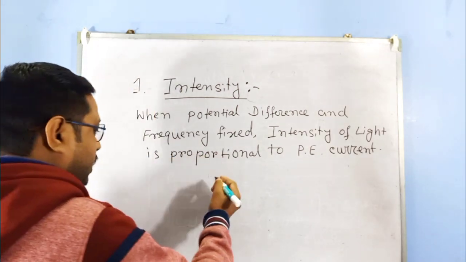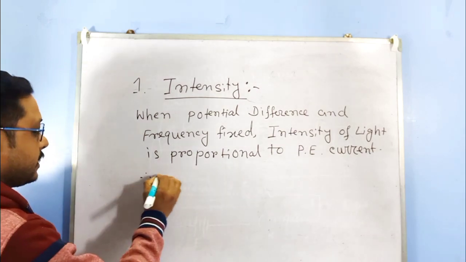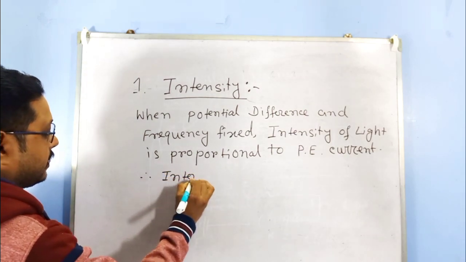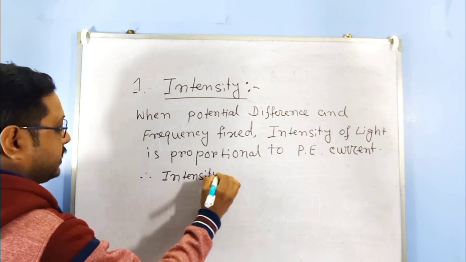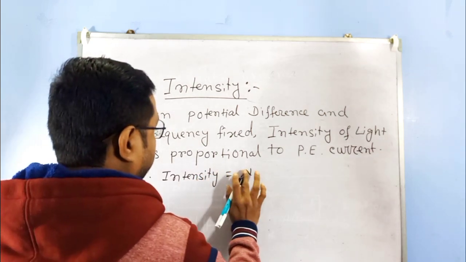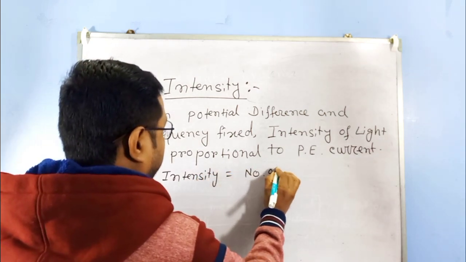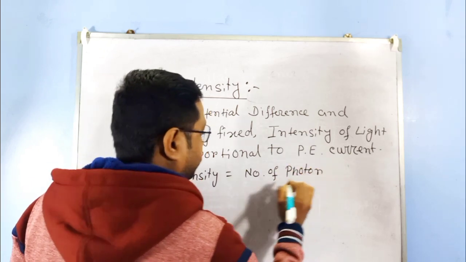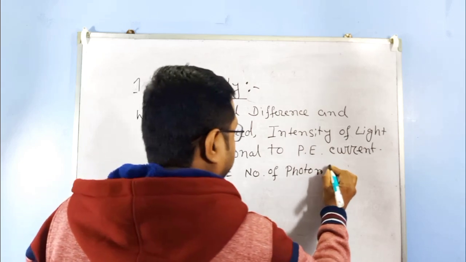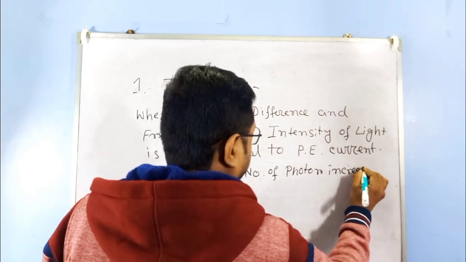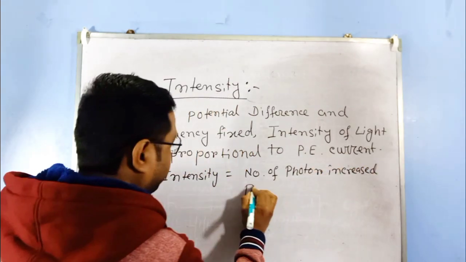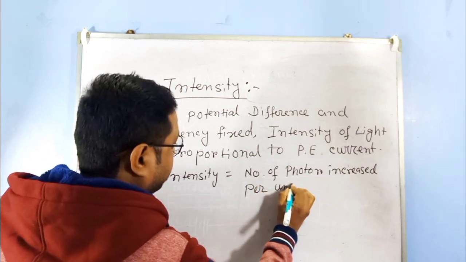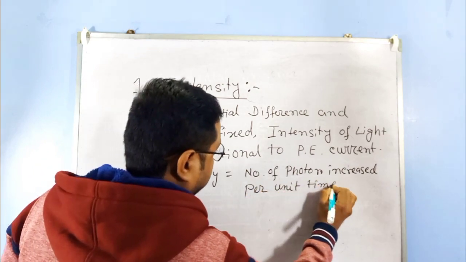Because intensity means the number of photons increased per unit time, per unit area.